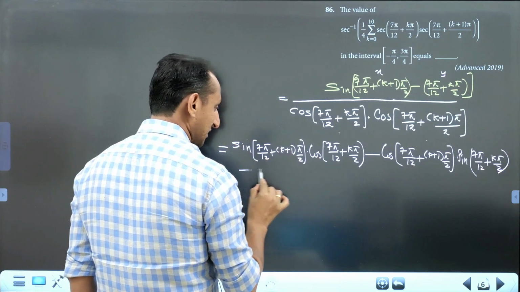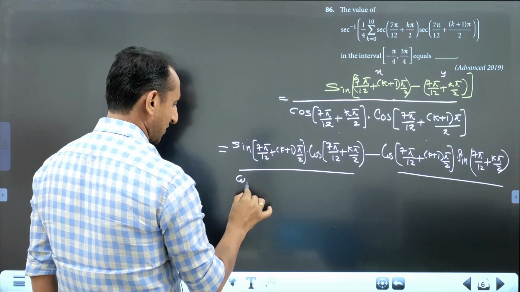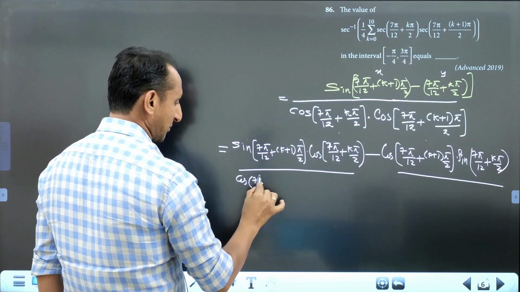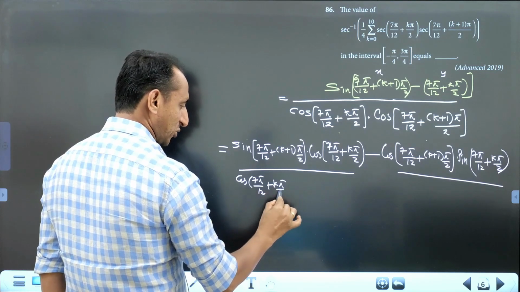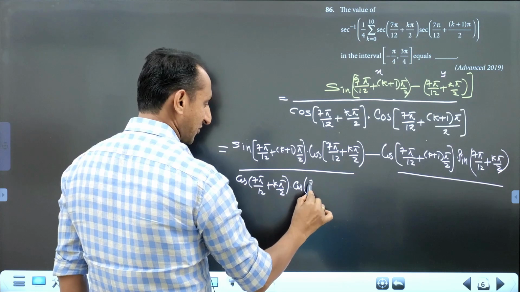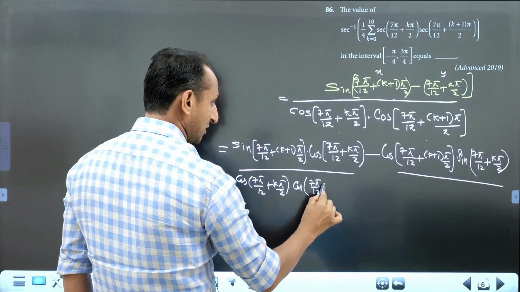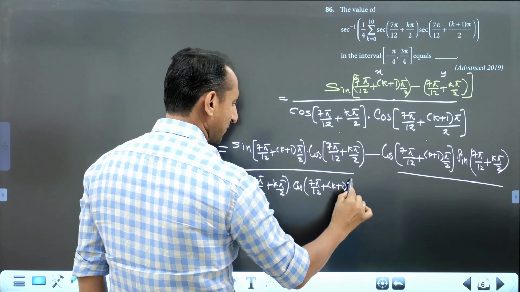Divided by this denominator. We split this denominator: cos of 7 pi by 12 plus k pi by 2 into cos of 7 pi by 12 plus (k plus 1) into pi by 2.